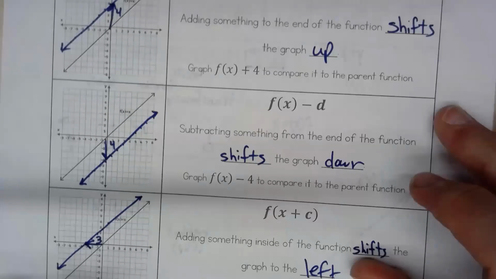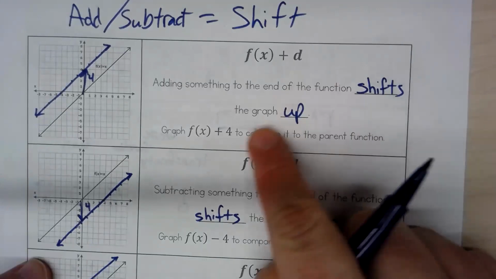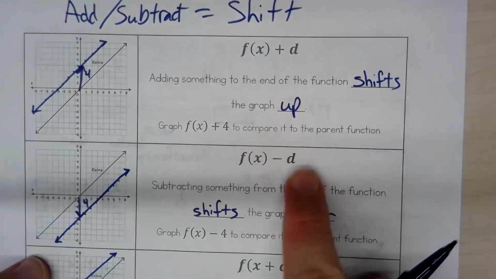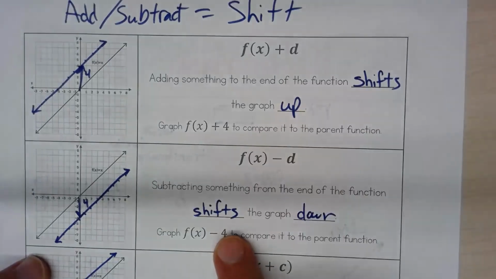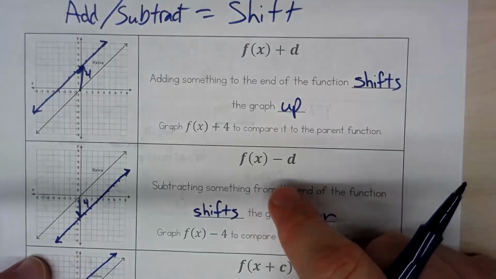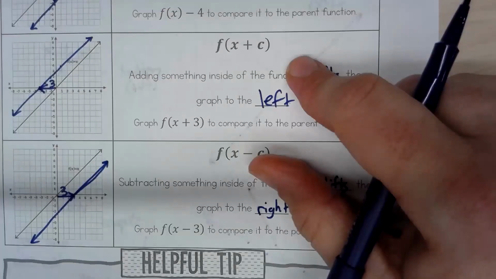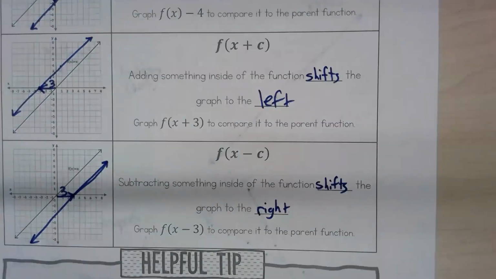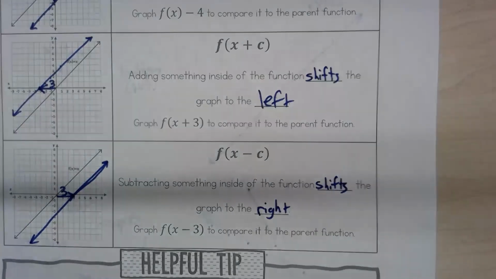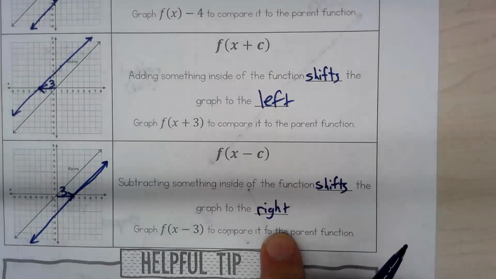Right? When it was outside my parenthesis, well, adding made it go up. Well, that makes sense. Subtracting made it go down. That makes sense. So outside was a vertical change, up or down, and they made sense. But when it was inside my parentheses, it was a horizontal change, and it's the opposite of what I expect. Adding made it go left. Subtracting made it go right.